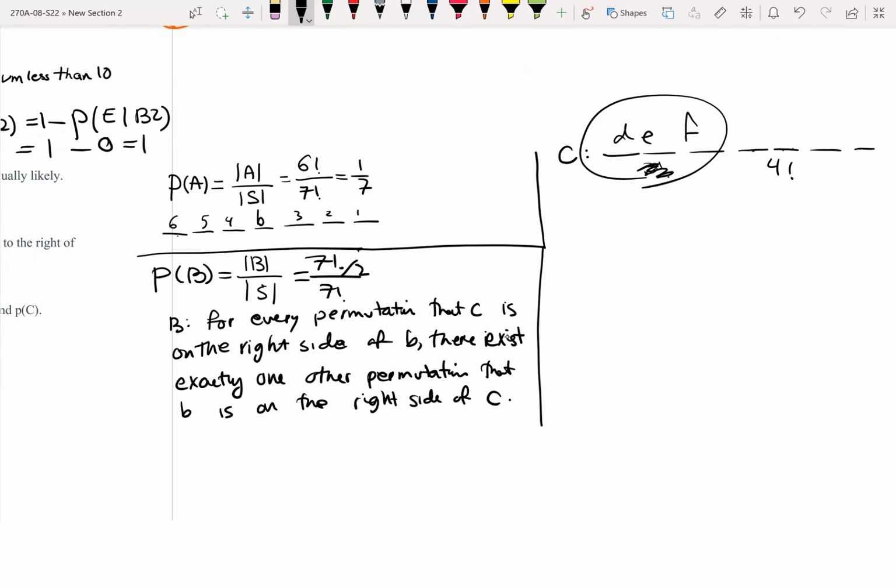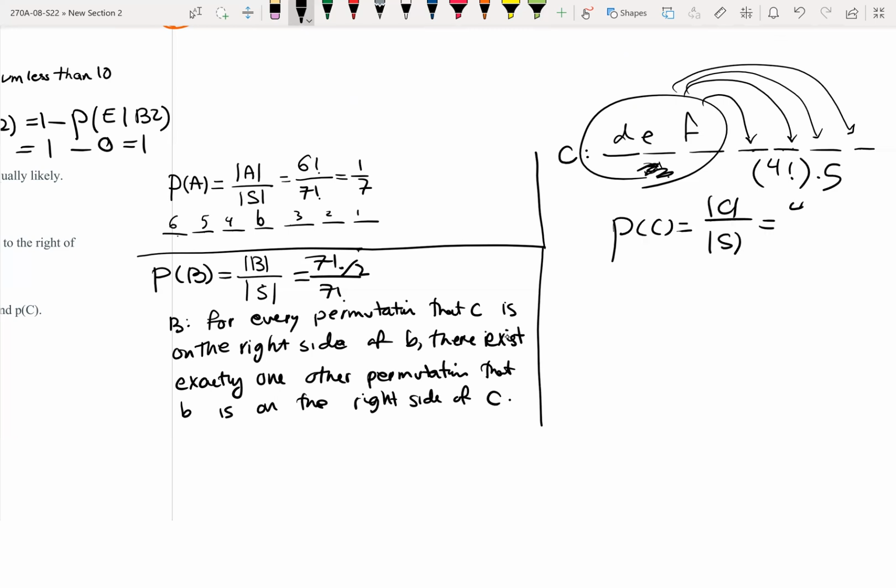But the DEF can sit here, or here, or here, or here, or here. So that's the cases. How many cases do you have? 1, 2, 3, 4, 5. So you have 5 displacements for that DEF. So the probability of C, size of C divided by size of the sample, is 4 factorial times 5 divided by 7 factorial.